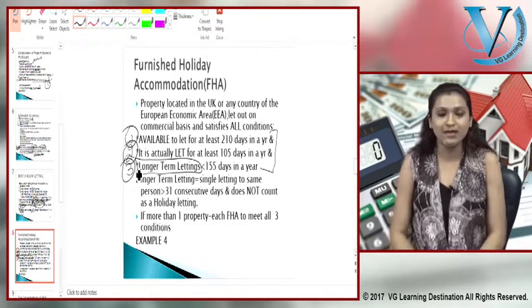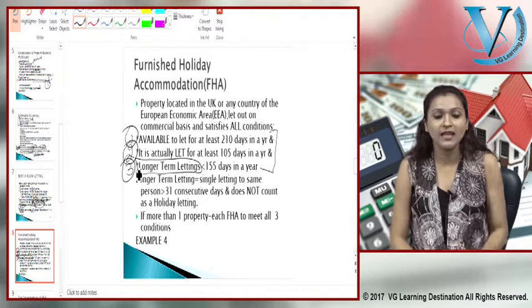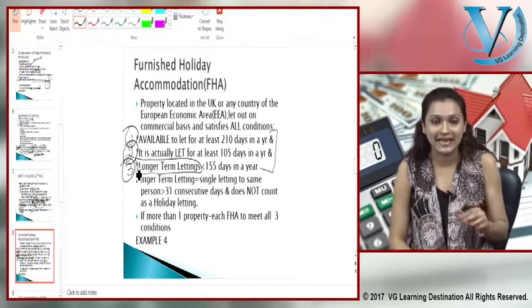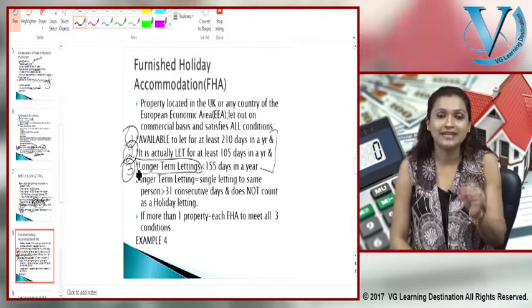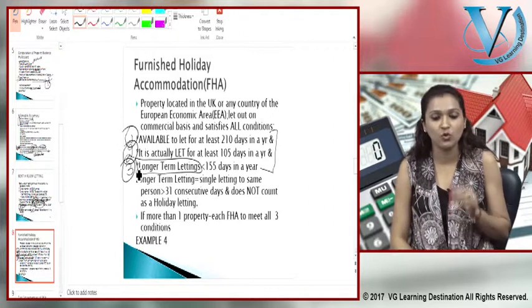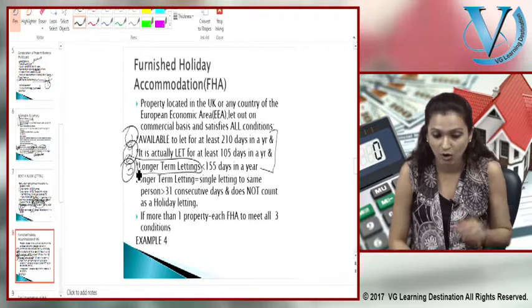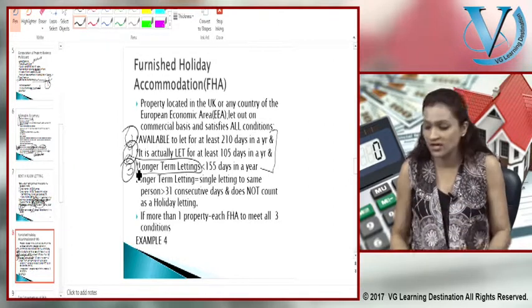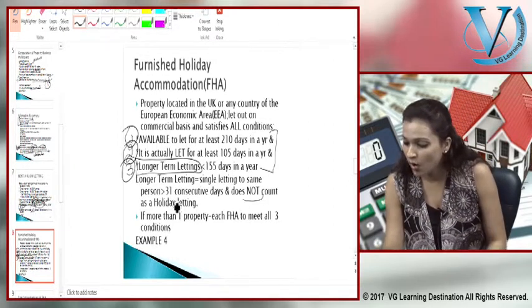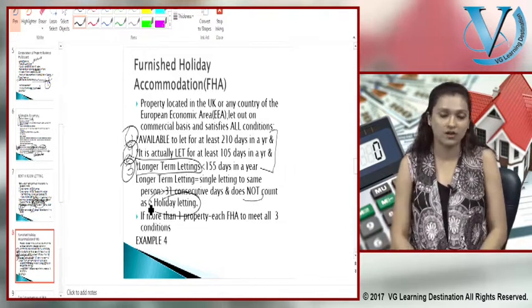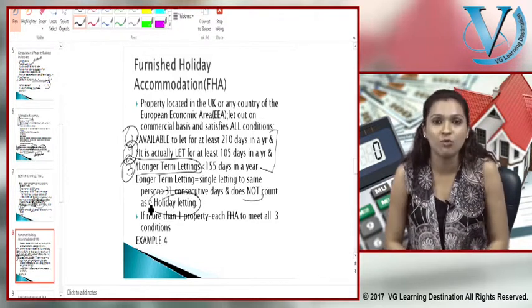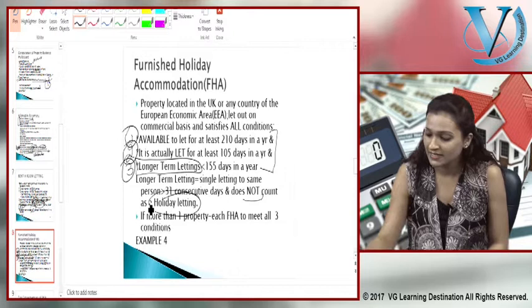It basically means being let out consecutively for greater than or equal to 31 days, and it does not count as a holiday letting in that consecutive more than 31 number of days.